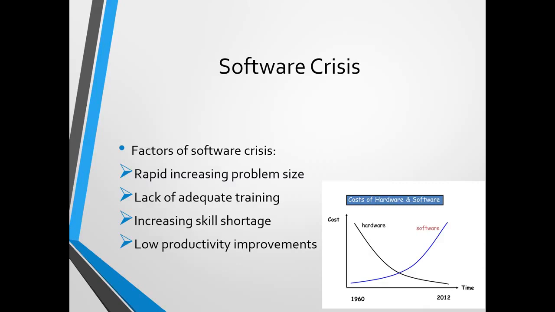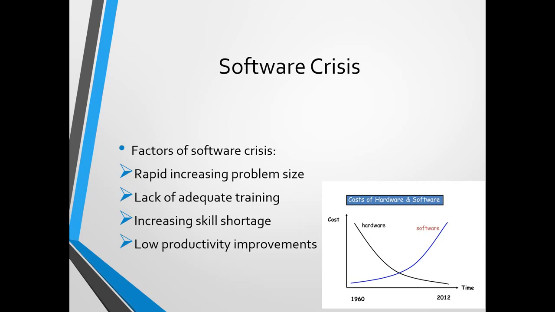The second point is lack of adequate training. Project developers don't have adequate training. They don't take much training, so this also shows a lack of knowledge. This is a problem of the software crisis. And if the training is not sufficient, the skill will be in shortage also.